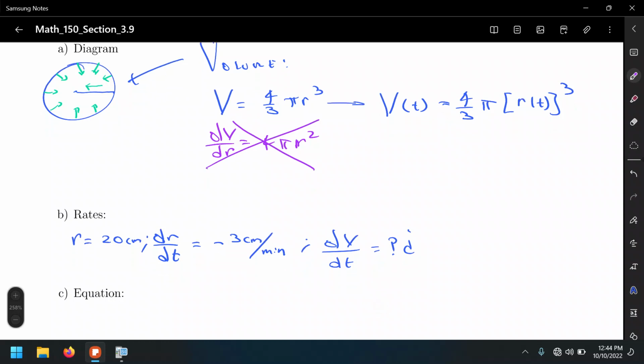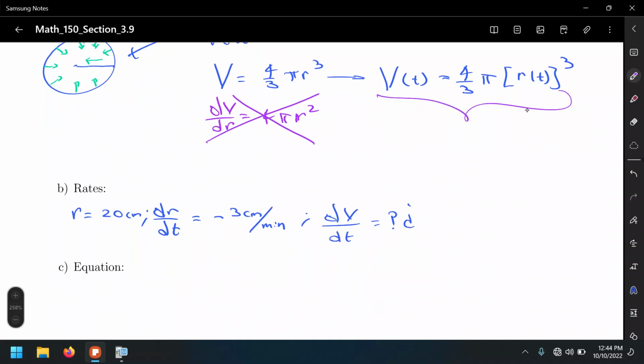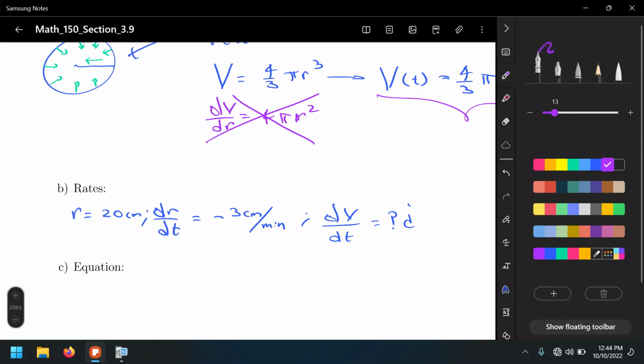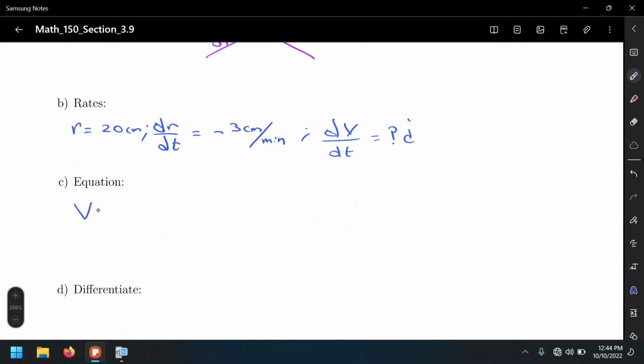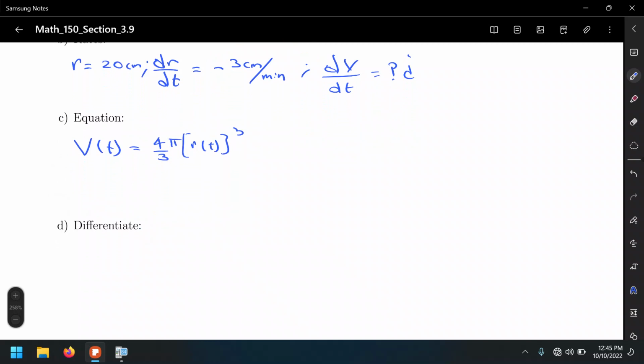In fact, we are using this equation here, the one in which both variables, the volume and the radius, are changing with respect to time. So V of t equals 4 pi over 3 r of t quantity cubed. Okay, so let's differentiate to find the derivative.